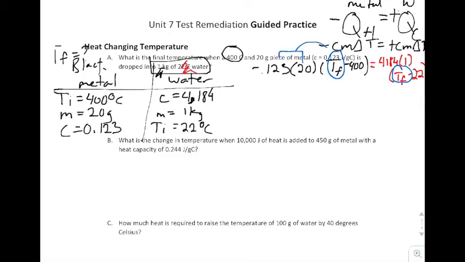And when I do that, it comes out to be something like minus 2.46 TF, plus, because minus times minus gives me a plus, 984 equals, on the other side, 4184 TF, and in this case it's going to be minus because I've got a positive times a negative, 92,048.